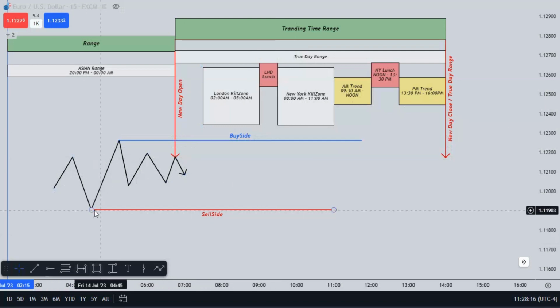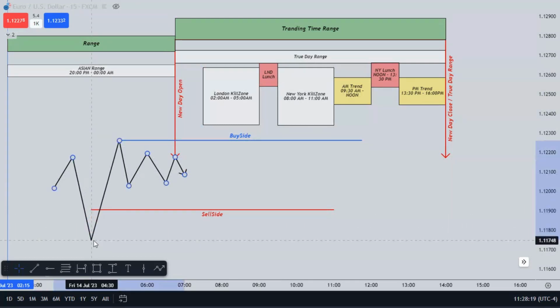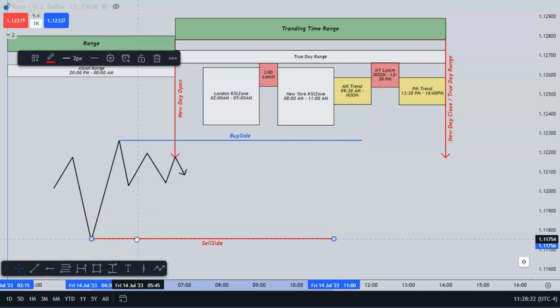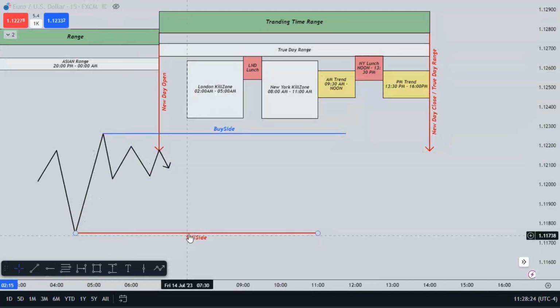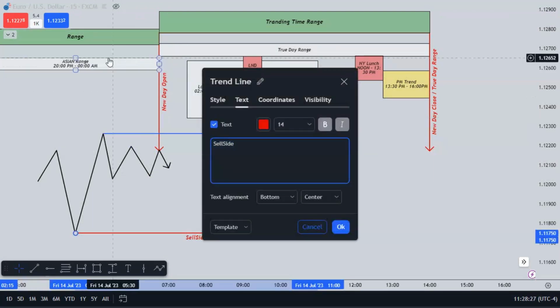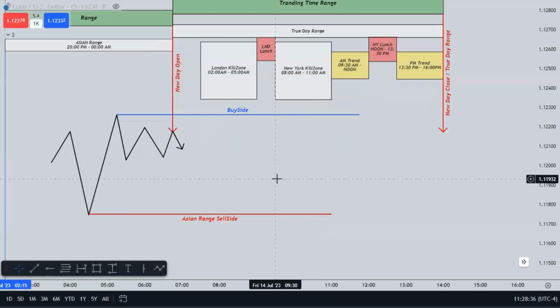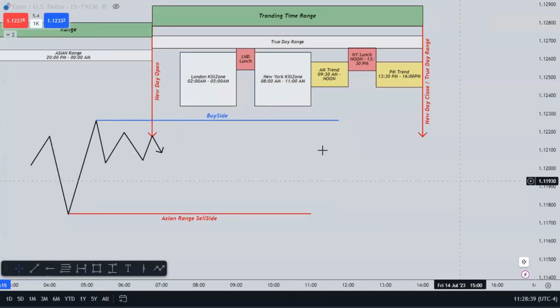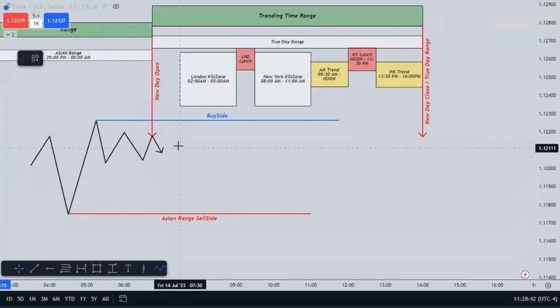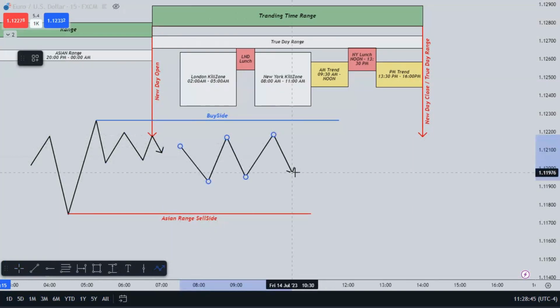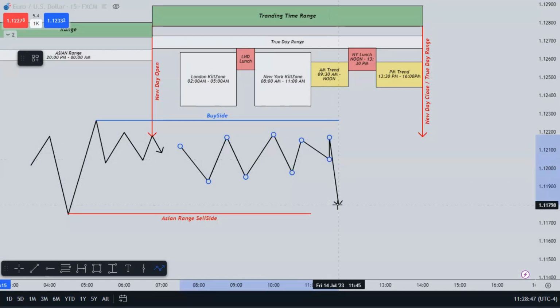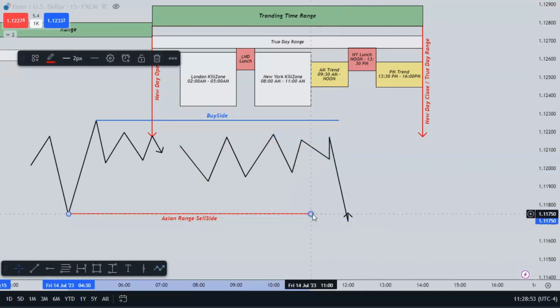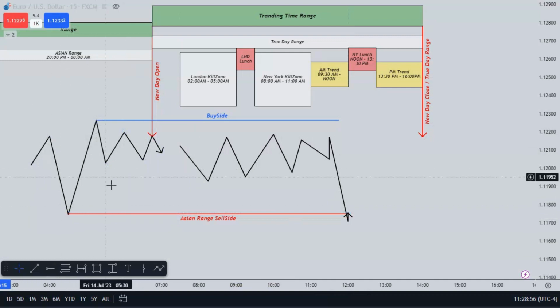For example, let's say we have price like this, right? And the Asian range creates the low of the day. Not the low of the day, but the most clearest low, if that makes any sense. Then within the 2-day range, the price on the PM trend reacts off the Asian range, something like this.